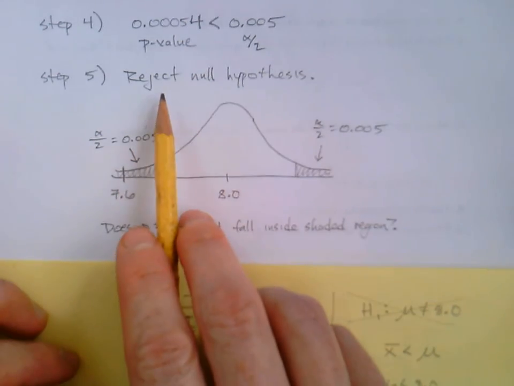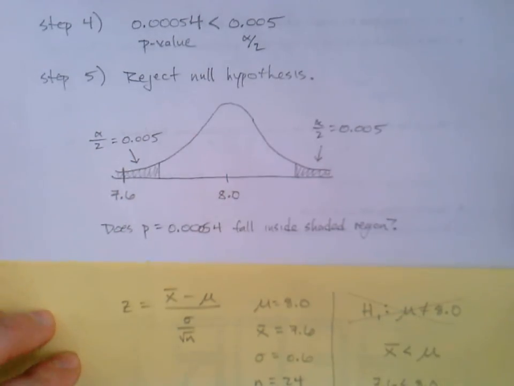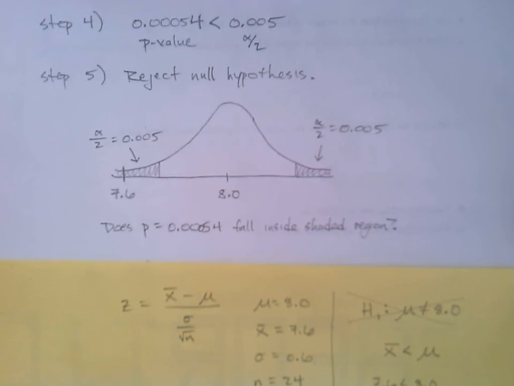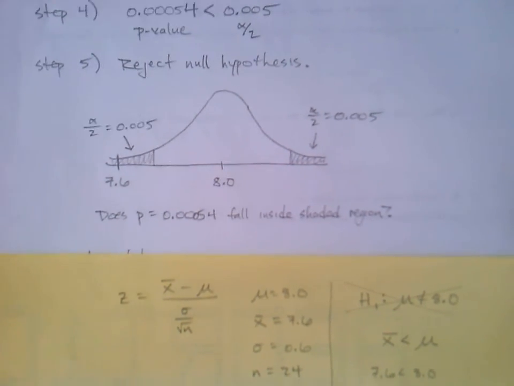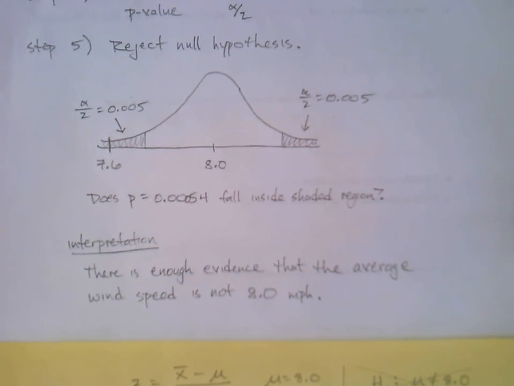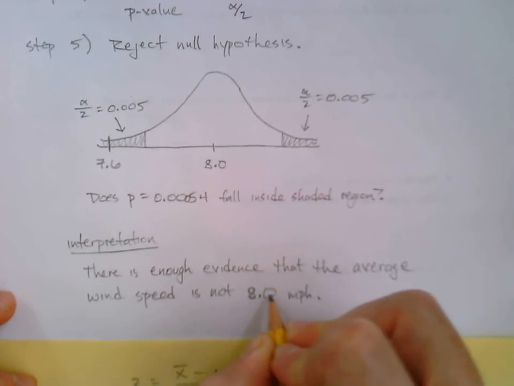So we have the evidence. We reject the null hypothesis. Guilty. And it doesn't ask for it in the problem, but I'm going to give you the interpretation in words. There is enough evidence that the average wind speed is not 8.0 miles per hour.